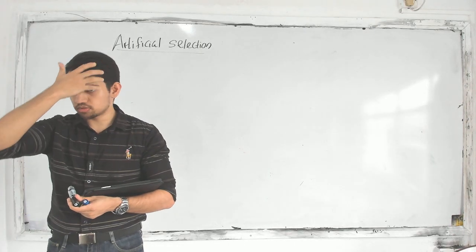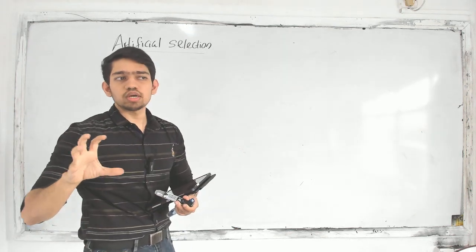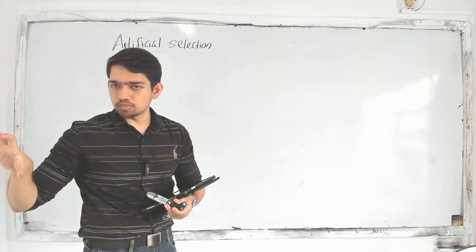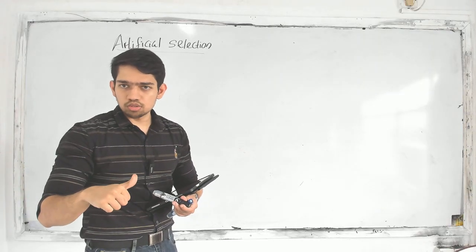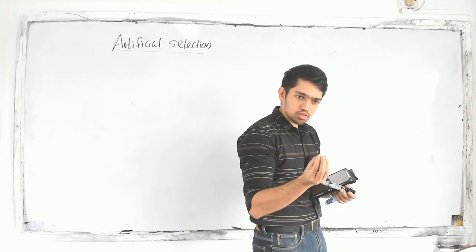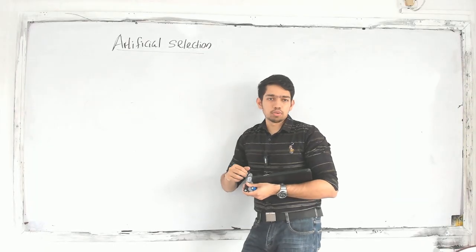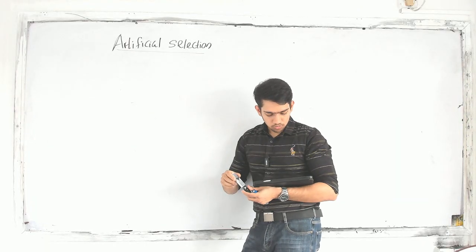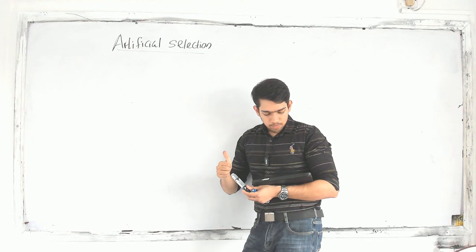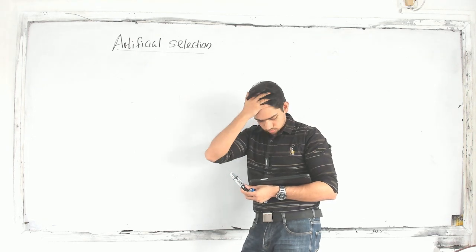So you only allow the plants producing the biggest fruits to reproduce. The plants producing small fruits are not allowed to reproduce. You are selecting who gets to reproduce. Very simple. So what's the definition? A process of selective breeding where plants and animals with specific traits are selected to breed so that their desired traits could be passed to the next generation.